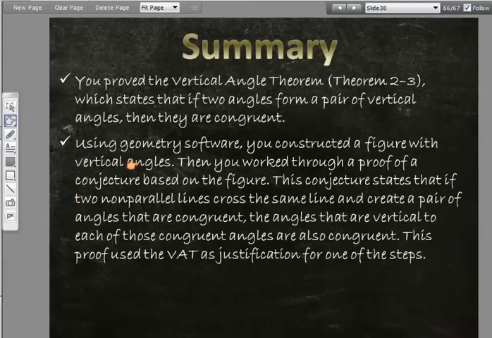And all of this information right here is in the LMS, okay? But I just wanted to show you what it looked like in GeoGebra, and there they give you a copy of the GeoGebra file, but they also give you the instructions to do it yourself in the LMS.